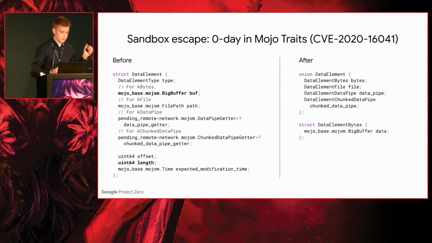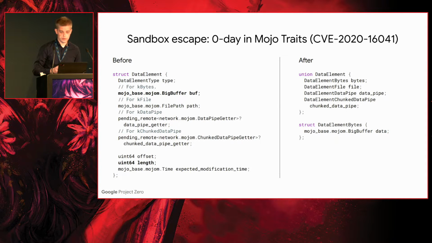On this slide, you can see the definition of a Chrome IPC data type called DataElement, written in Mojo IDL. DataElement is essentially a union type, but it was defined as a regular structure, emulating a union with a few shared fields.